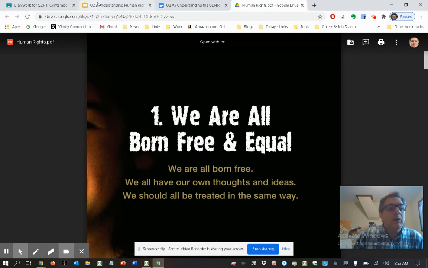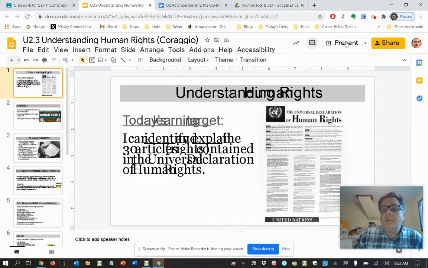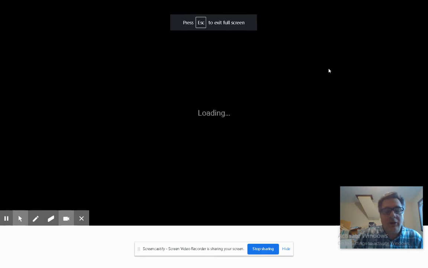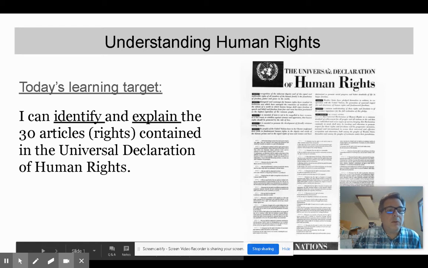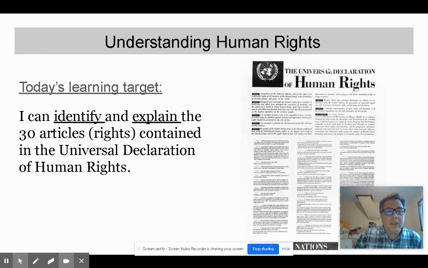Okay, so I put together a little bit of a slideshow to help you understand what you're supposed to do on this assignment. So first thing is the learning target, that you can identify and explain the 30 articles or rights contained in the Universal Declaration of Human Rights.